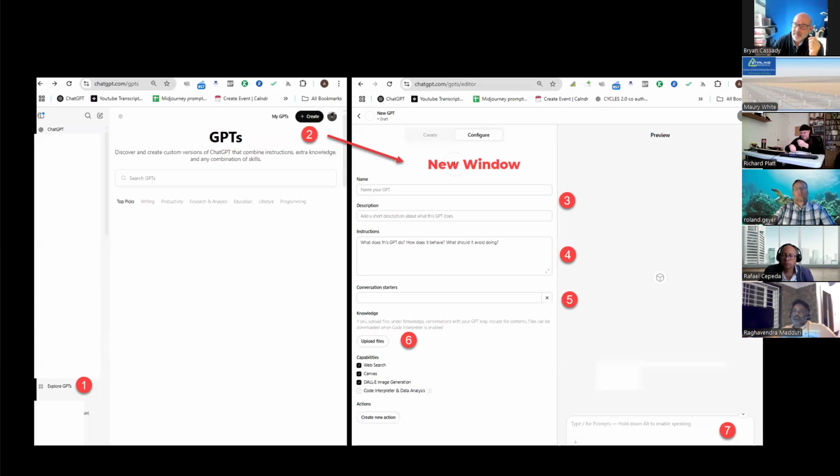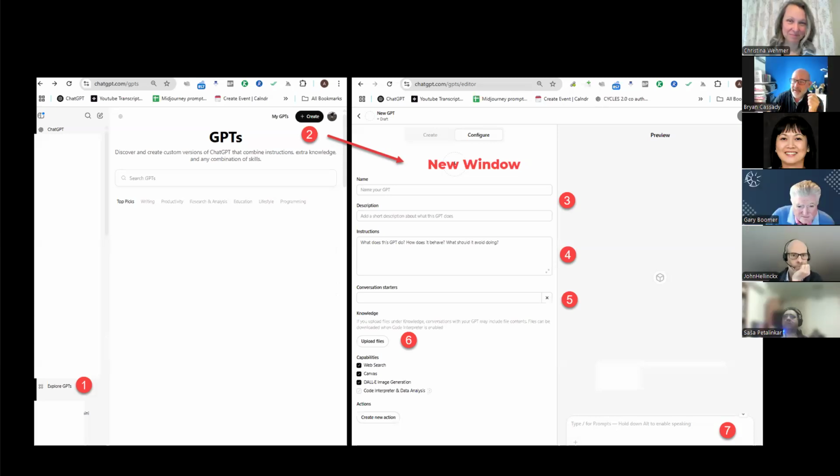So what we have here is an input. It goes through a few stages: explore GPTs, create a GPT. And normally it'll ask you a few different things. It'll ask you, what do you want your GPT to do? What is the background information? What should it do? When you've made too many of these, ChatGPT stops giving you instructions anymore, so I can't see the instructions.